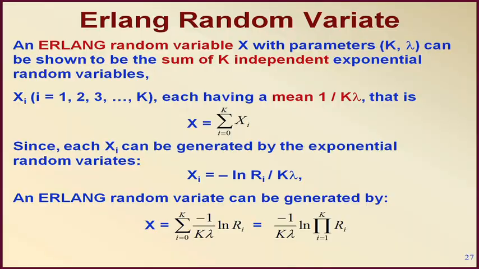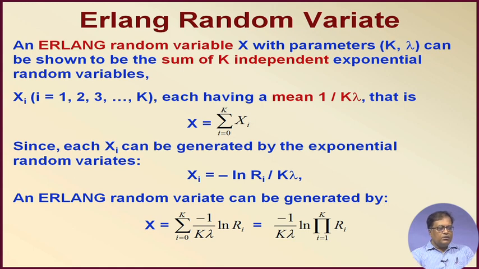So, if there are k independent exponential random variables, then the sum of all of them is an Erlang distribution. How exactly is it possible to obtain an Erlang distribution? We have to come up with the individual exponential variates and then sum over them, right.